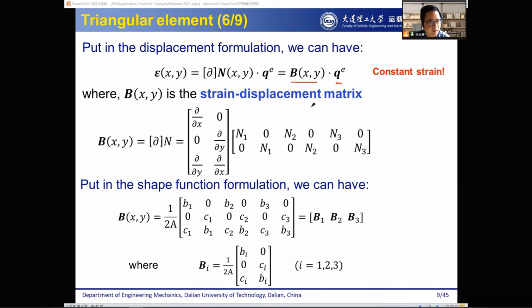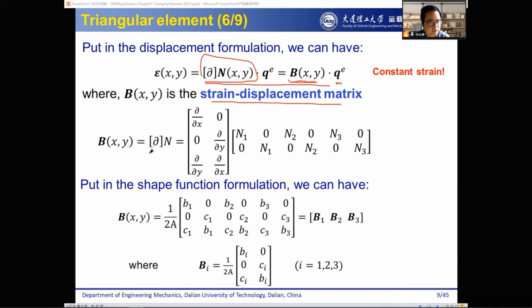So here B is the strain displacement matrix. Because we arrange it this way, B equals this part.